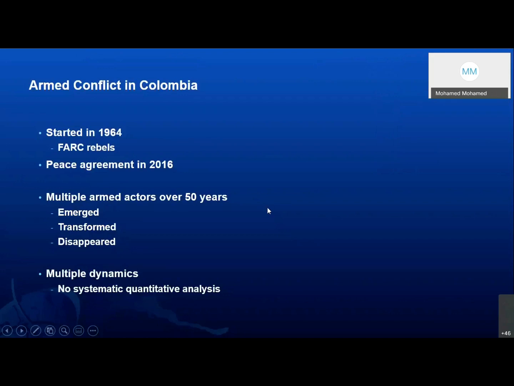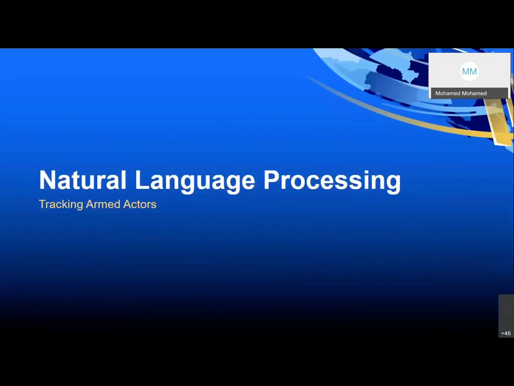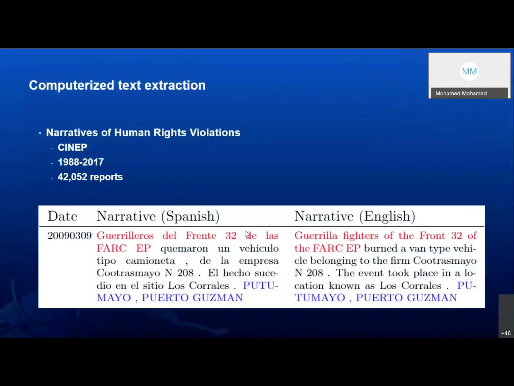After 50 years of political violence, in 2016, they had a peace agreement. Over these 50 years, some actors have emerged, some have transformed, some have disappeared. So we're trying to understand the dynamics behind that from quantitative analysis. We use natural language processing.